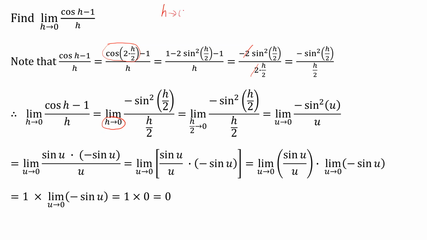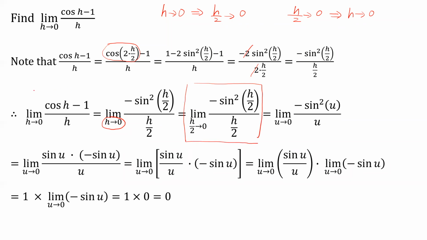Because when h approaches 0, half of h must approach 0, right? Also, when half of h approaches 0, we also have h approaches 0. These two statements imply each other, right? So we can rewrite the limit as this expression here.